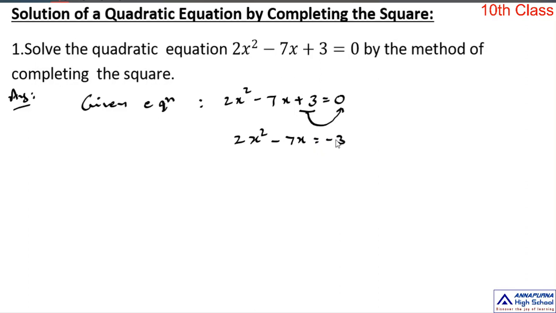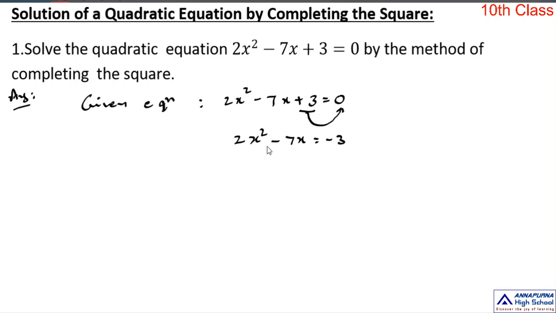Then you must change the coefficient of the highest degree term to 1. In the quadratic equation, what is the highest degree term? Generally the x square term is the highest degree term. Here what is the coefficient of x square? That is 2. So you must change this 2 to 1. How? It is very simple.